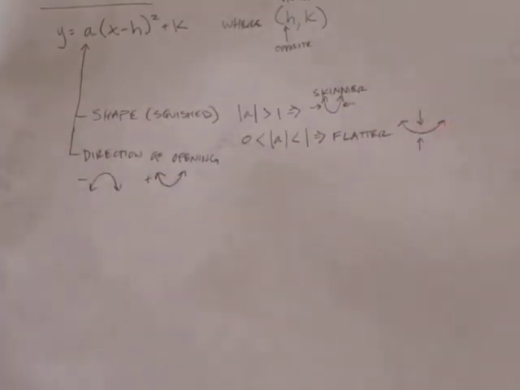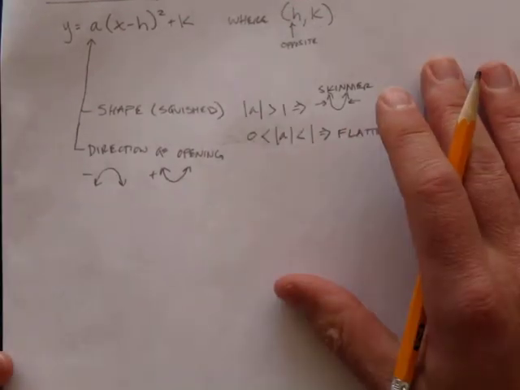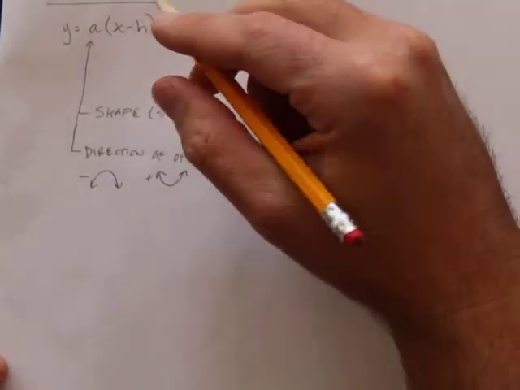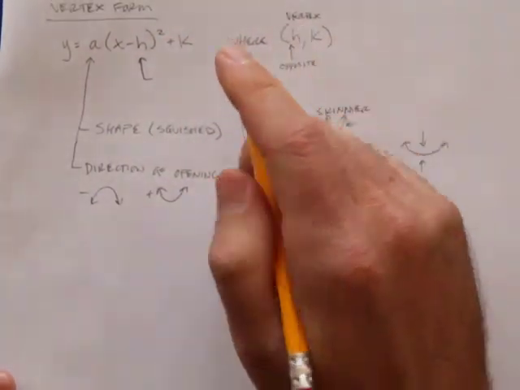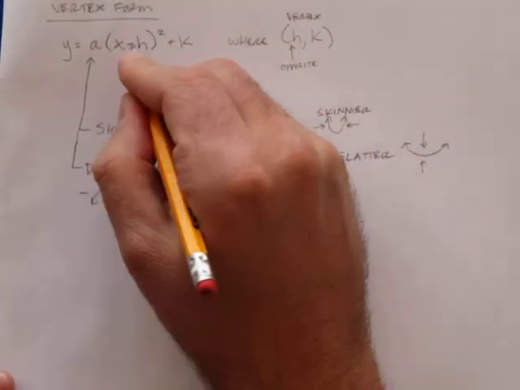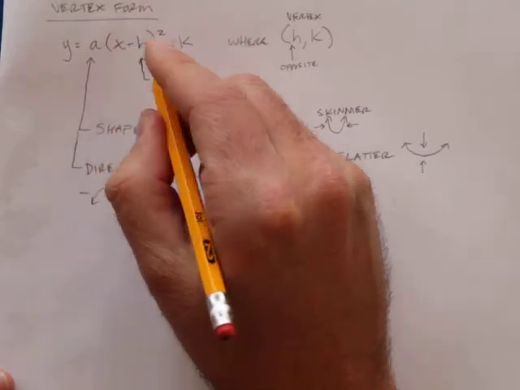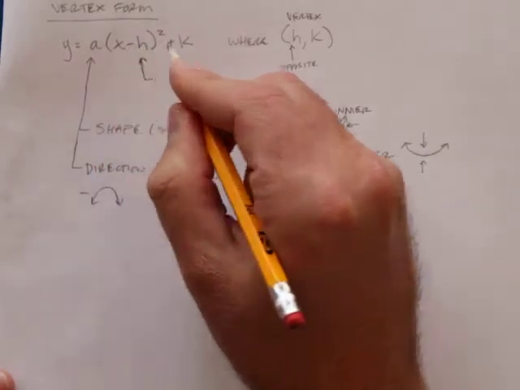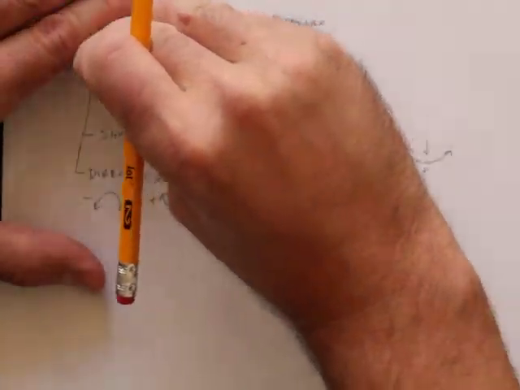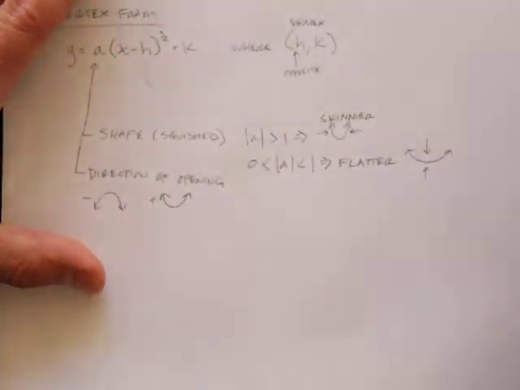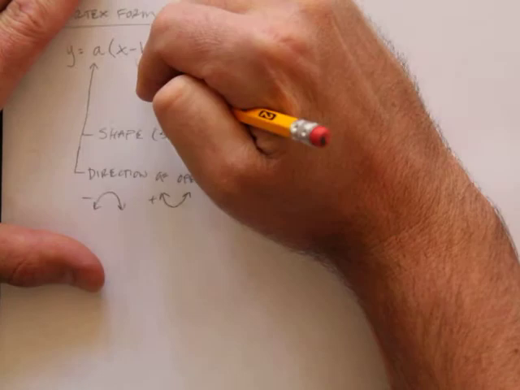All right, let's see if we can fit the rest of this stuff in here. There's not a whole lot left, actually. We're going to look at this h here. This arrow should probably be pointing at that negative there.